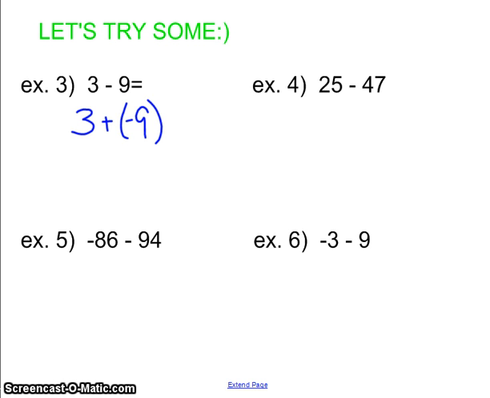So now we're into an addition problem with opposite signs, and we did that by taking the largest value, subtracting the smaller value, and now we need to make our answer match the larger value in the problem. 9 is a larger number than 3, and it was negative in the problem, so our 6 has to match it. So we get -6 for our final answer.